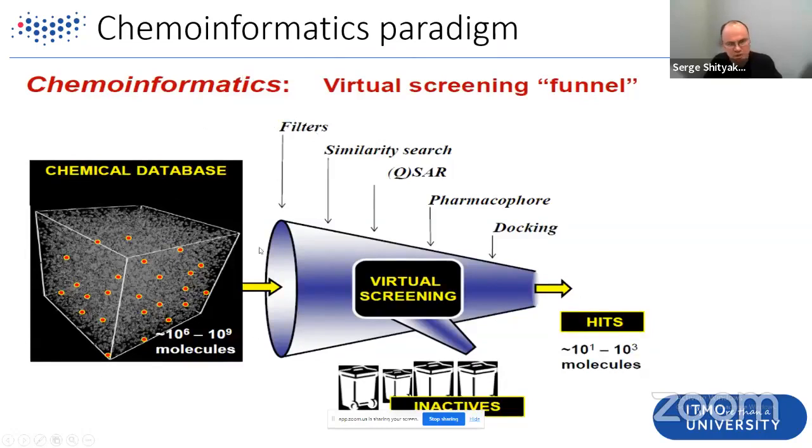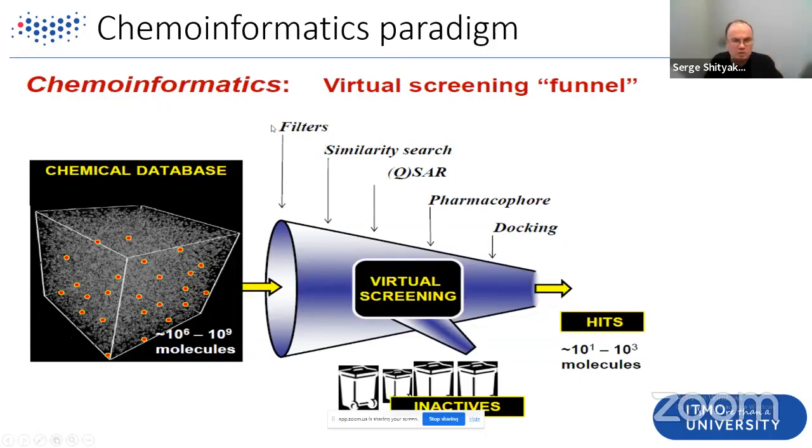So you would take this chemical database and try to screen it or sieve it through this funnel, and as a result, you will come up with a small number of molecules. So actually, chemoinformatics is all about the filtering of different molecules and filtering the chemical space.